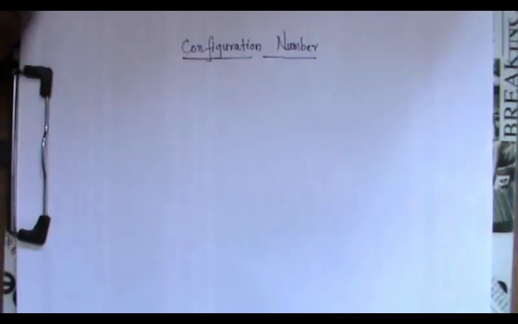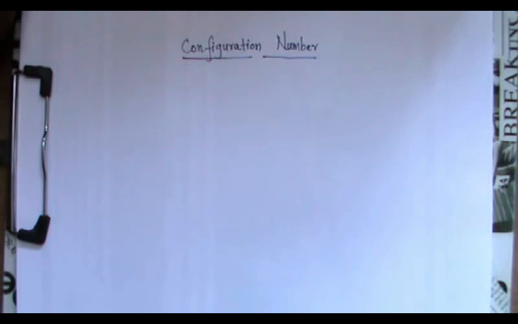The next part of this topic is configuration number. We have seen for the given complex there will be so many possible stereoisomers. Now the question is how to represent each isomer without giving the structure. Is there any simple method to represent the stereoisomer without giving the structure? Yes, we have.